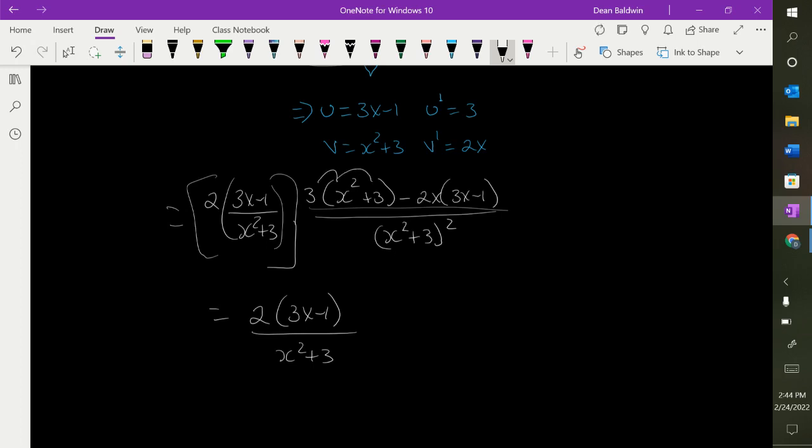This 3 is going in here. So I get 3x squared plus 9. This goes in here. Minus 6x squared plus 2x. And it's all over x squared plus 3 all squared.